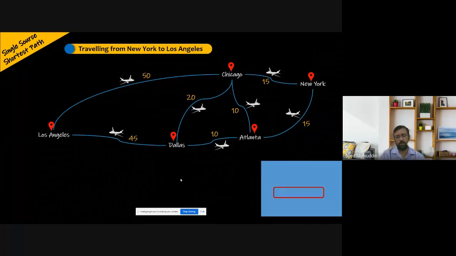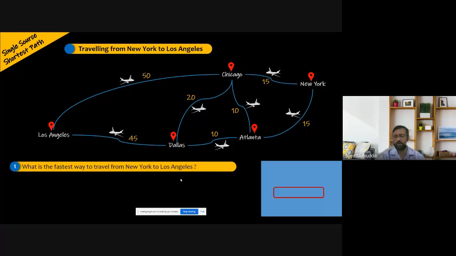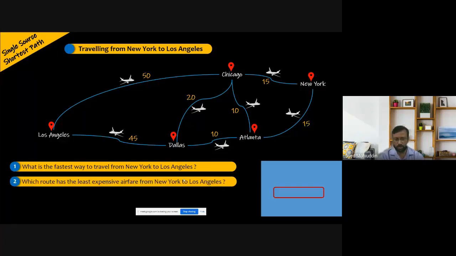For example, there may be several questions we will be able to answer when traveling from New York to Los Angeles. What is the shortest, fastest way to travel from New York to Los Angeles? Or which route will be least expensive when the weights are considered as airfares?